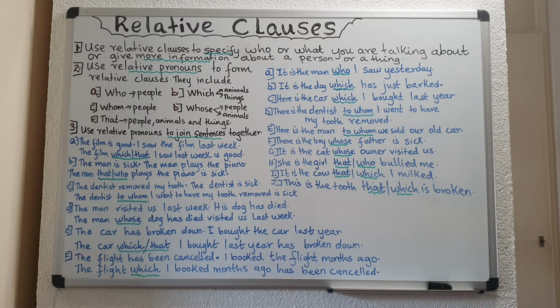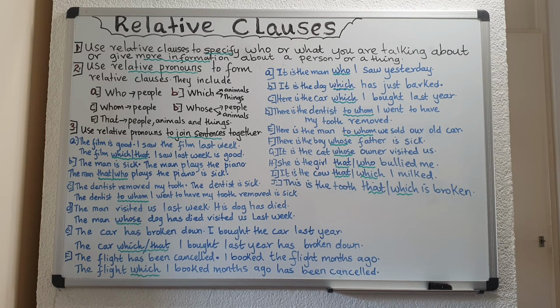It's very specific. It helps us to be very specific about which man we are talking about. Okay, and again, man is a person, so you use the relative pronoun whom, okay? And remember once more, we always combine the relative pronoun whom with a preposition, and that is to.